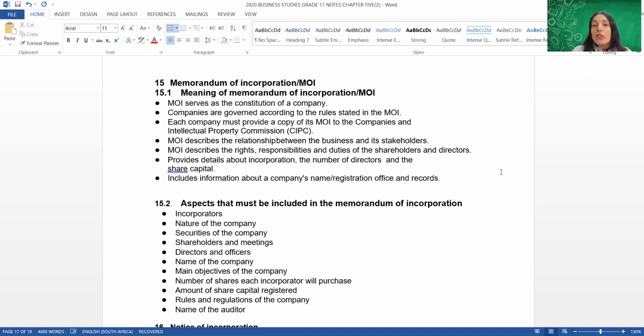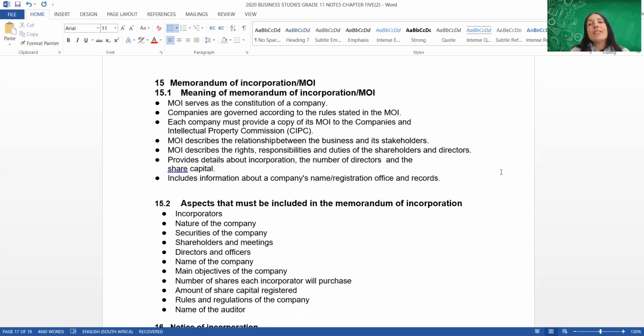It describes the rights, responsibilities, and duties of shareholders and directors, and it also provides details of incorporation, how the business is started, the number of directors, so how many people will be on the board of directors, and then they have to give information on the share capital. For example, how many shares are going to be issued at what initial amount, are there any other types like bonds or securities, and obviously what they want to do with this share capital.